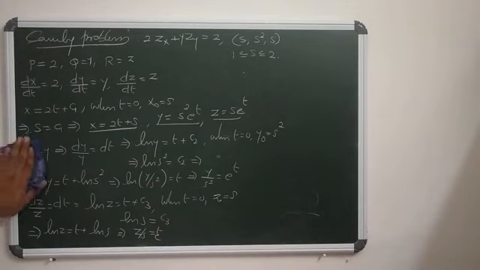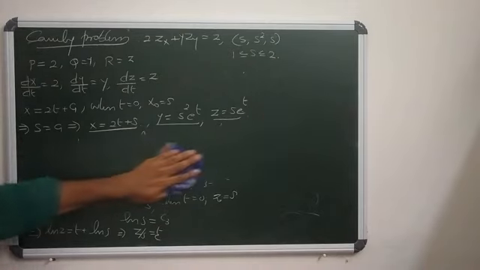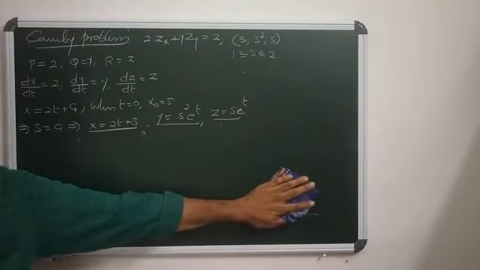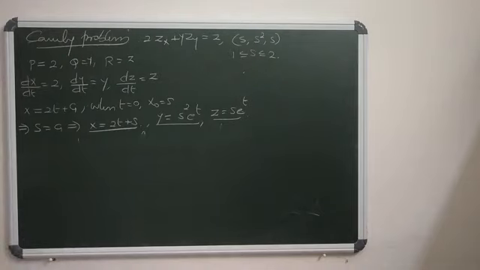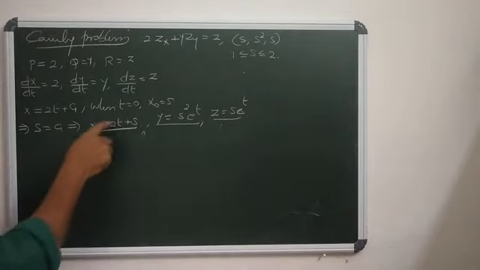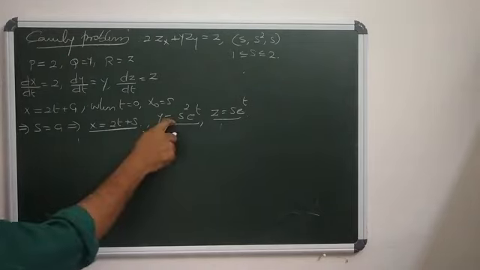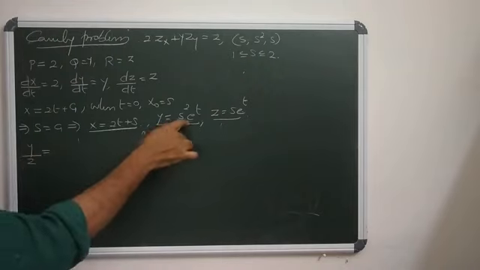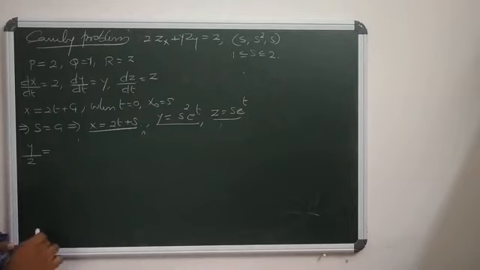Now the next step is to solve for s and t in terms of x and y. That's our next simplification. So x equals 2t plus s, y equals s square e power t, and z equals s e power t. So y by z equals simply s.